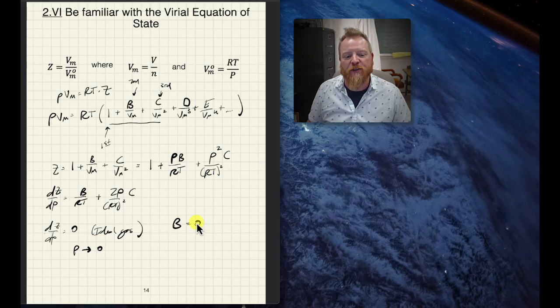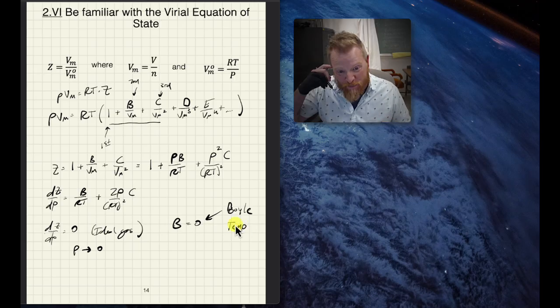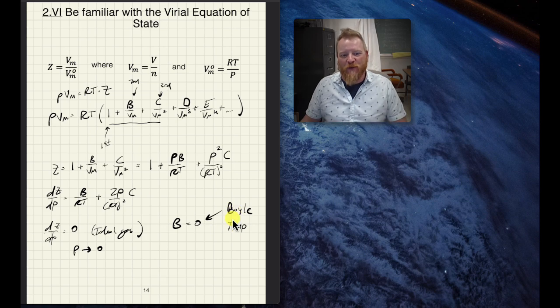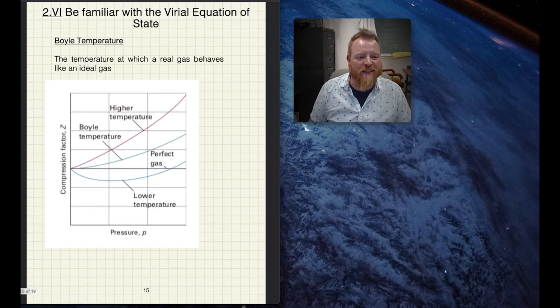And as it turns out, there's a special condition that corresponds to B equals 0, and that is known as the Boyle temperature. Not the boiling temperature, but the Boyle temperature for the gas law. So let's make a graph of what this thing looks like.